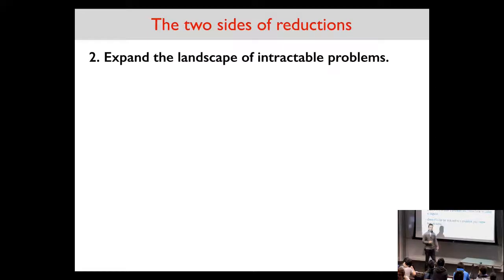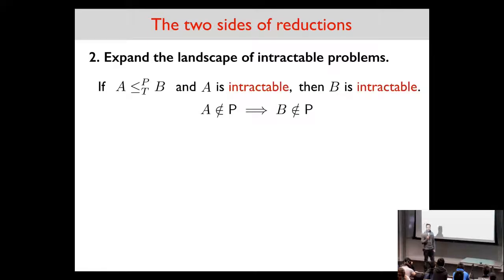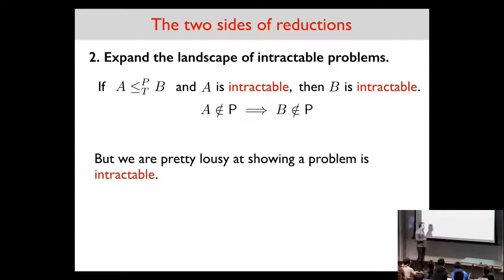Now there's another side of reductions, the dark side. You expand the landscape of intractable problems. Why? Because if you take the contrapositive, if A is less than or equal to B, if A reduces to B, and A is intractable, then B is intractable. So if A is not in P, then B is not in P. The problem is that we're pretty lousy, as I discussed, at showing that a problem is intractable.